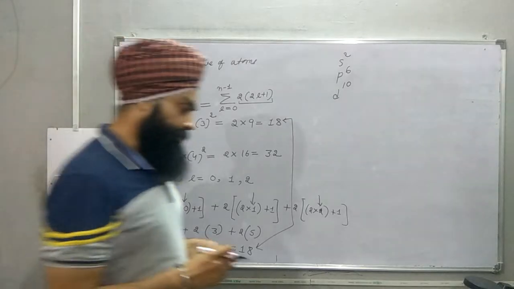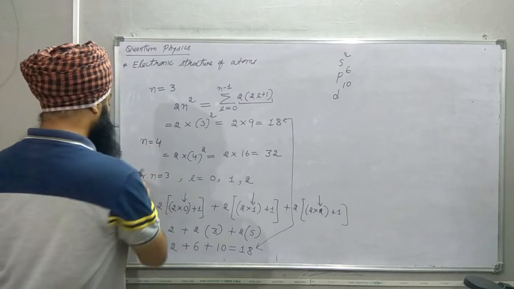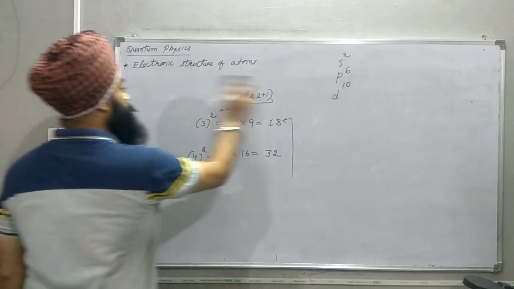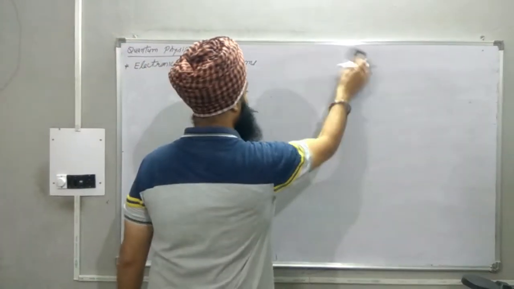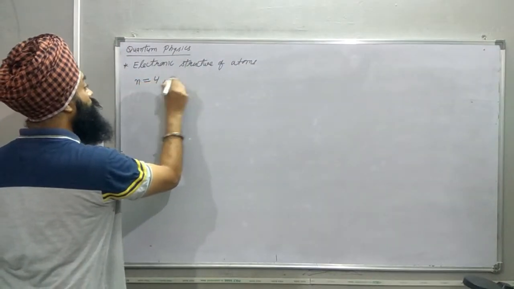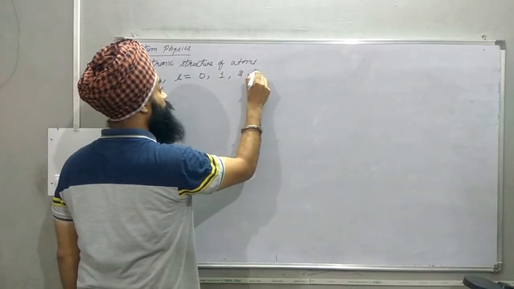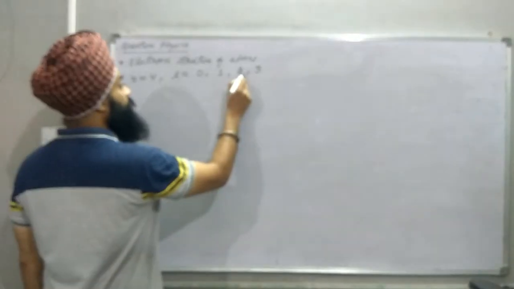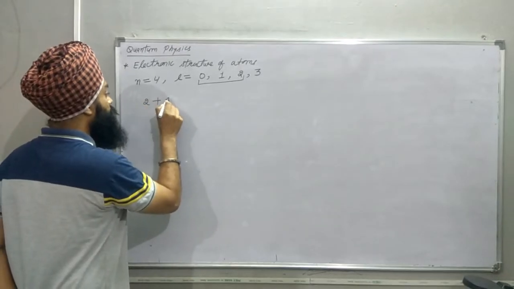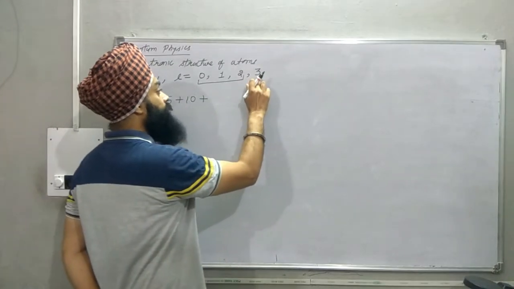We can take another example for n is equal to 4. For n is equal to 4, the value of L is 0, 1, 2, 3. Up to this number we have already calculated, which is 2 plus 6 plus 10. Now we need to calculate this additional number.